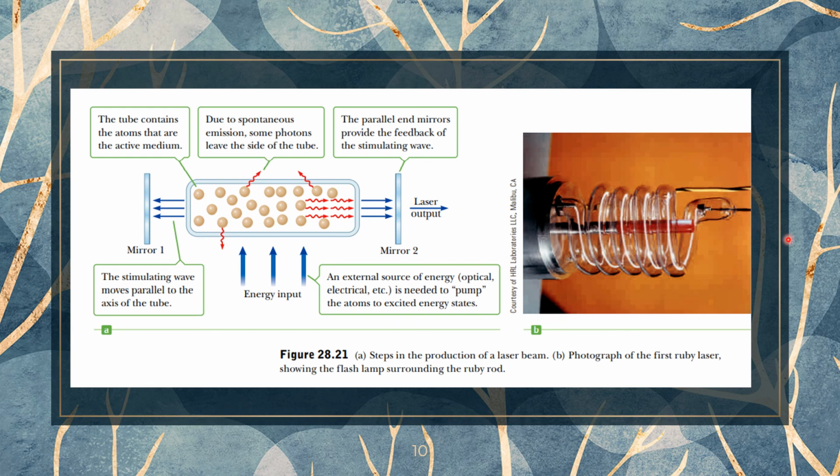This picture also denotes the first ruby laser, showing the flash lamp surrounding the ruby rod.